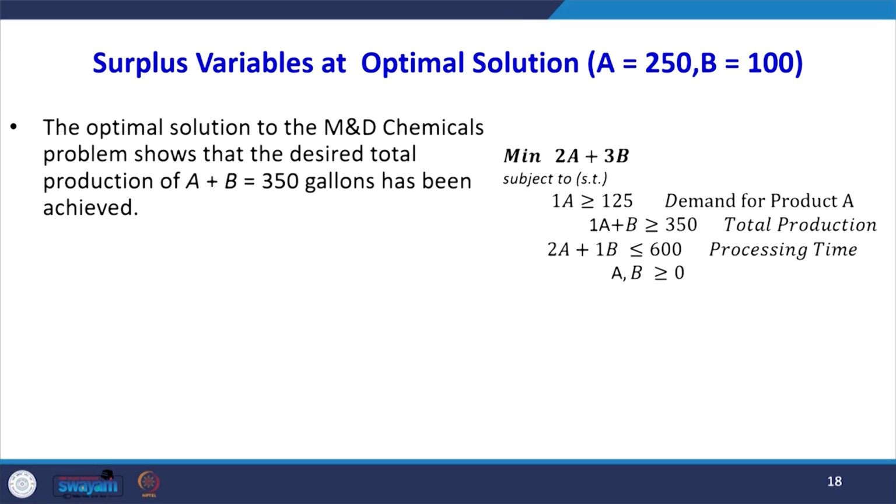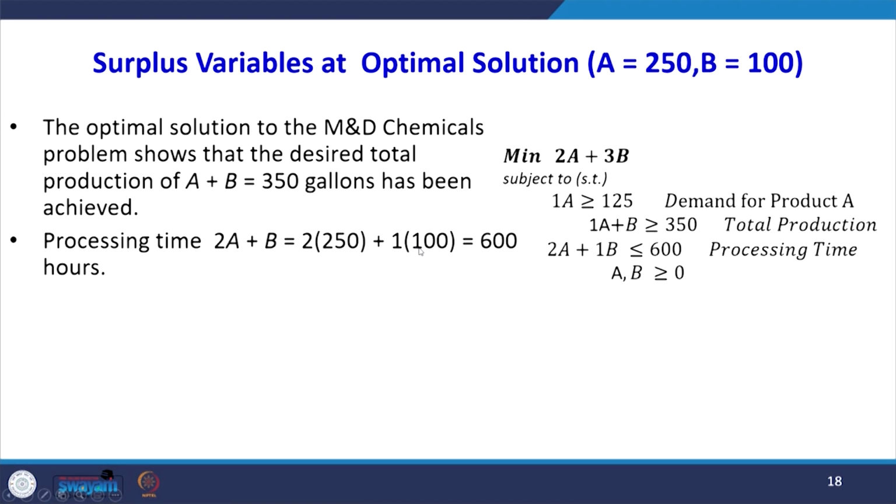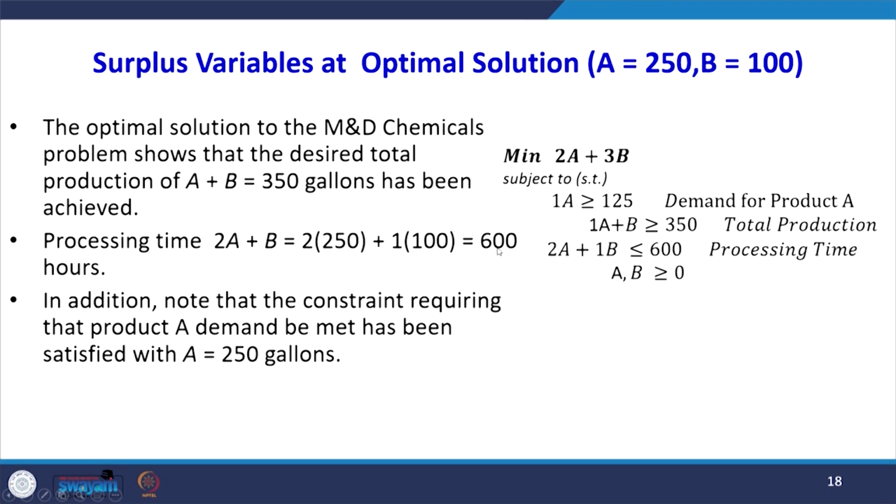The optimal solution to the M&D chemicals problem shows that the desired total production of A plus B equal to 350 gallons has been achieved, this second constraint. And look at the third constraint, 2A plus B, when you substitute it is equal to 600. This is also fully utilized.